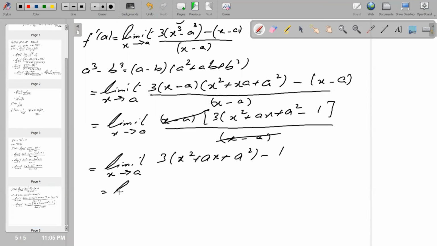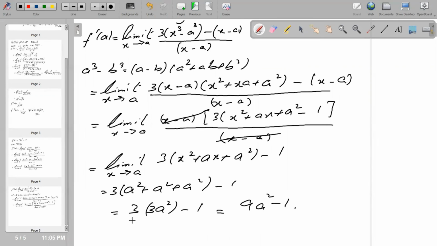If we apply the limit here, then we have 3 times a square plus a square plus a square, minus 1. So this value is equal to 3 times 3a square minus 1. So this is 9a square minus 1.